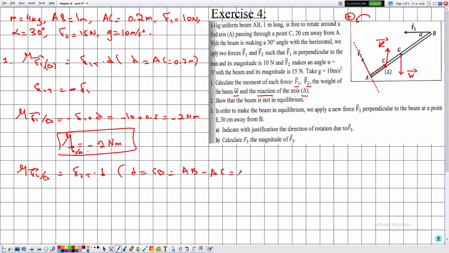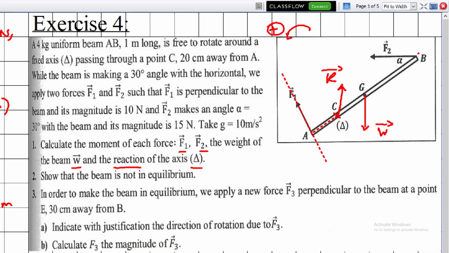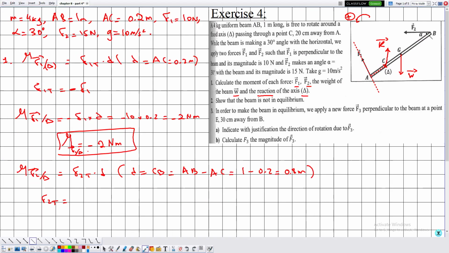If AB is equal to 1 and AC is equal to 0.2, this is equal to 0.8 meters. Now for F2 tangential, this is the radial direction, and this is the tangential direction.